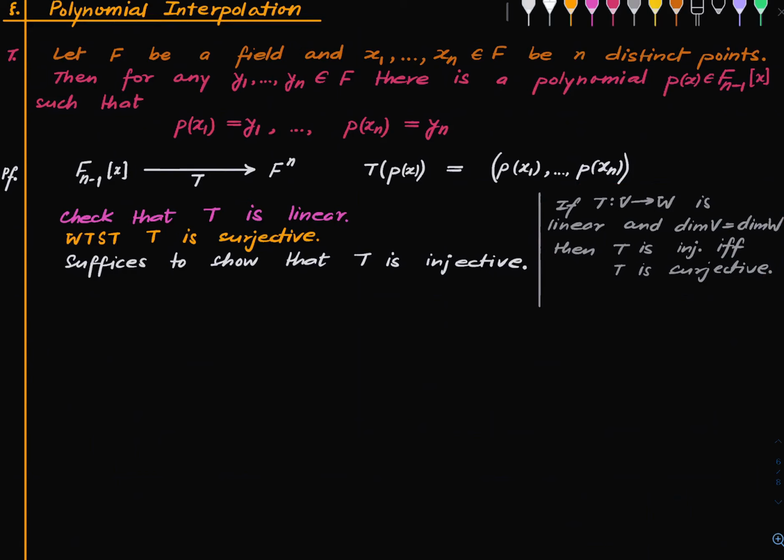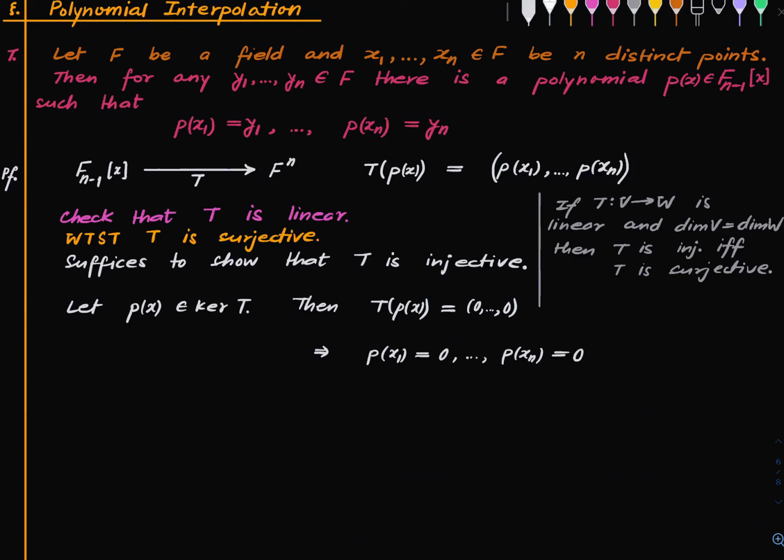Okay, so it suffices to show that T is injective. How do we show T is injective? We just compute the kernel. So let's say P is in the kernel. Then this is the 0 of the target, which implies that, but this means that you have a polynomial of degree at most n minus 1 with at least n distinct roots.